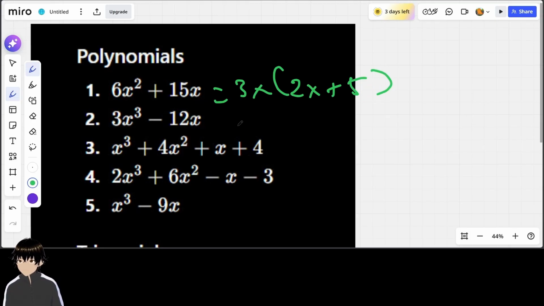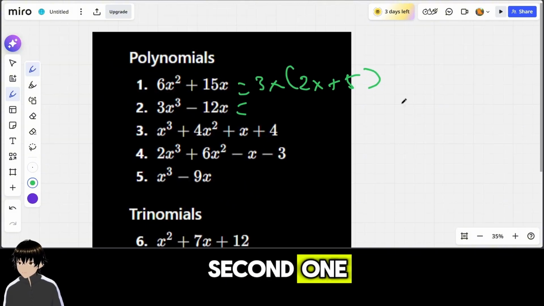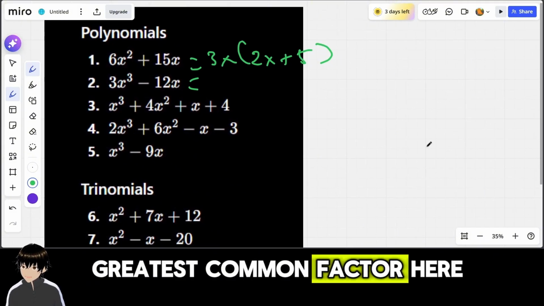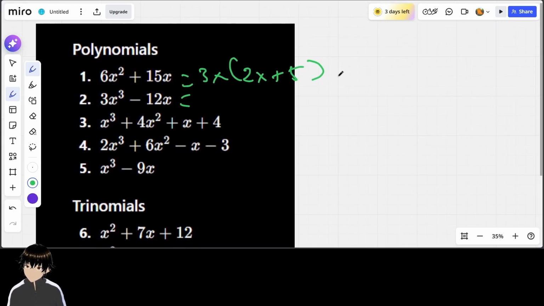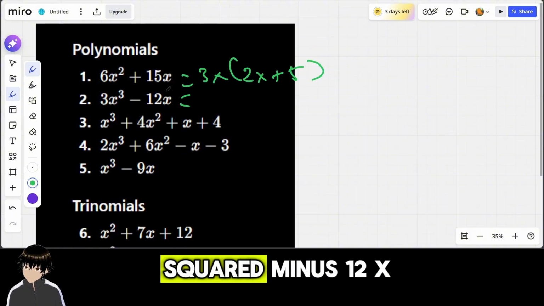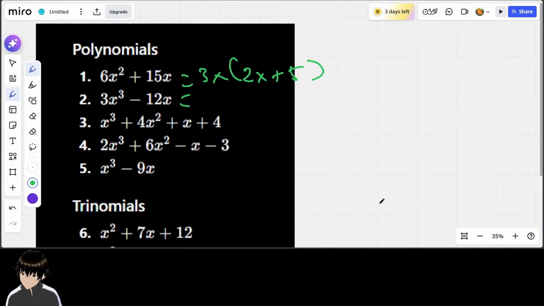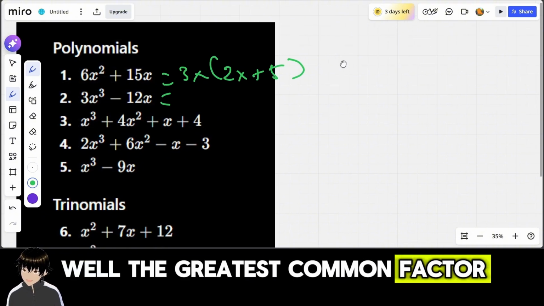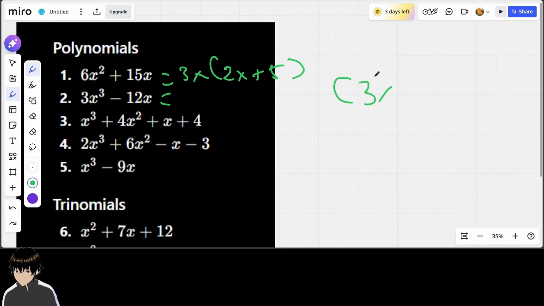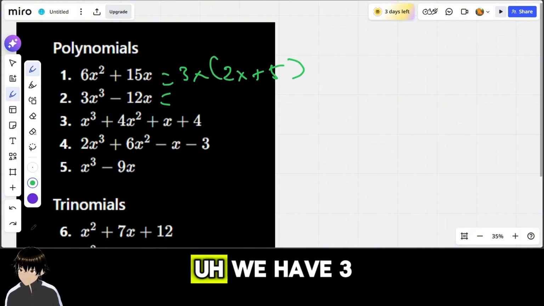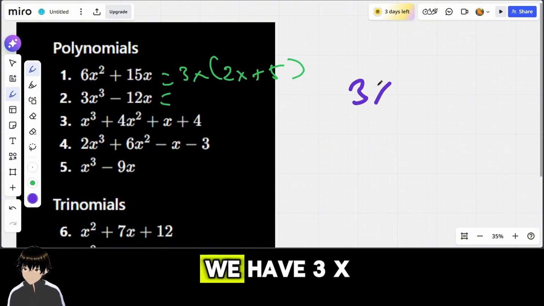Yeah, so let's do the second one. So what is the greatest common factor here? We have 3x cubed minus 12x. So what is the greatest common factor? Well, the greatest common factor is going to be 3x.